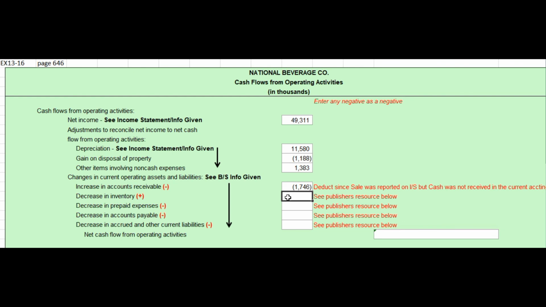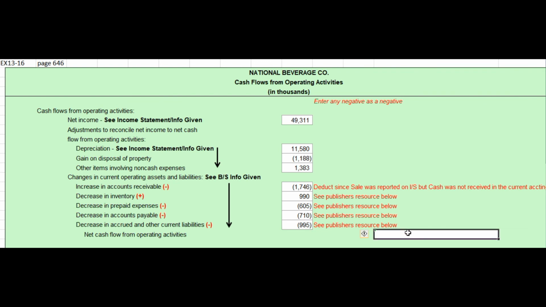A decrease in inventory is a current asset, so you're going to add. Now the rest of these are liabilities, so if it's a decrease you deduct, if it's an increase you add. So you have a decrease in prepaid expenses, you deduct from net income, deduct the decrease in accounts payable, and you deduct the accrued and other current liabilities as well.